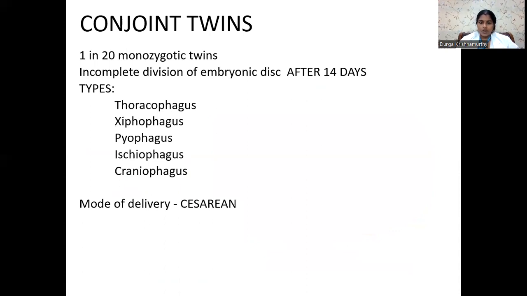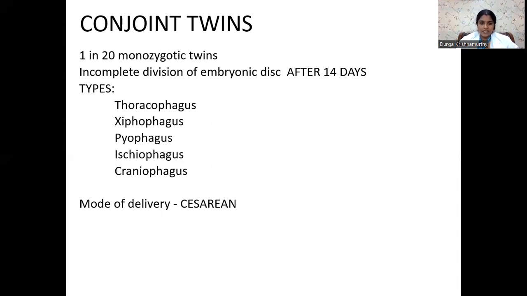Discussing conjoined twins, the ratio is 1 in 20 of monozygotic twins. Incomplete division of the embryonic disc takes place after 14 days. The fusion can be at the level of the thorax. We call it thoracopagus, xiphopagus for the xiphoid process, pygopagus, ischiopagus, and craniopagus.